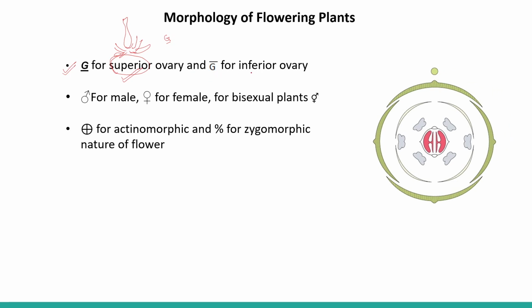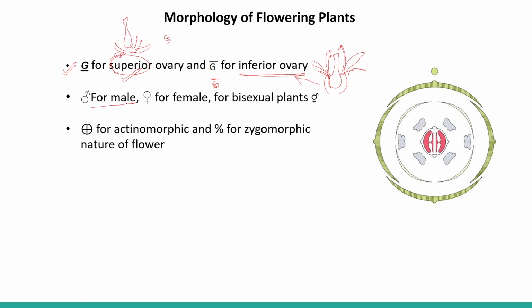And if the ovary is inferior, all the floral parts are present above the ovary region. This shows the inferior position of the ovary, and it is represented as G with a line overhead, like this.